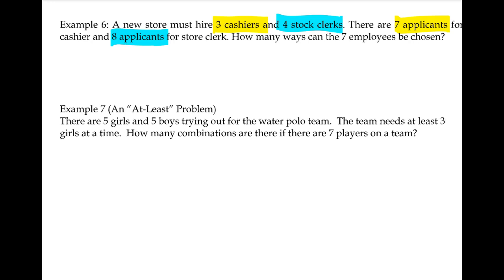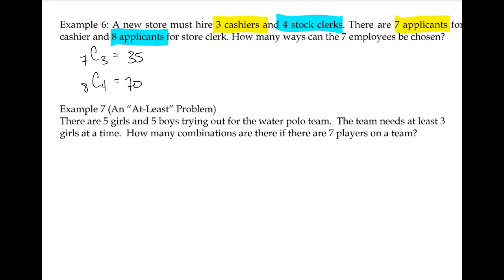Okay, so the key thing here is that we need, out of 7 applicants, to choose 3, and we've got 8 applicants, choose 4. So we'd solve each of these separately.